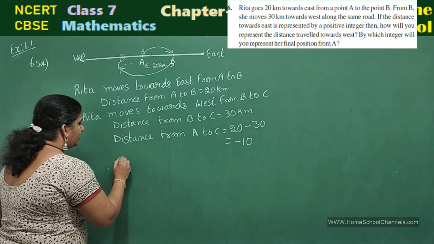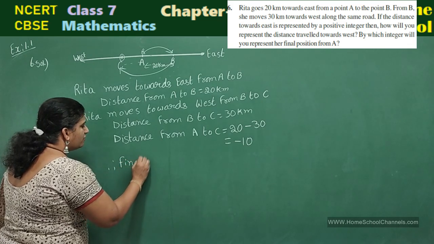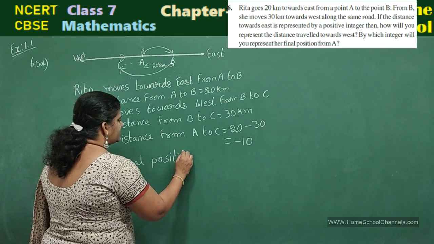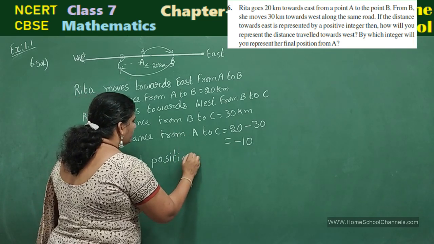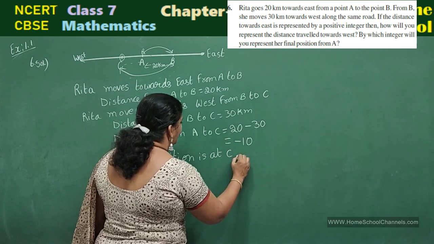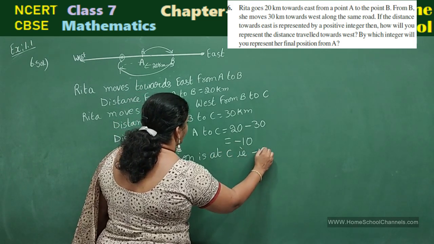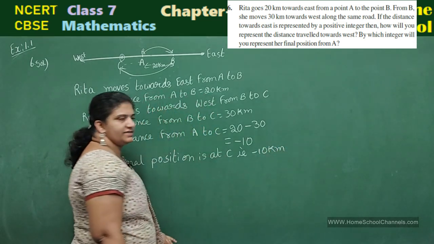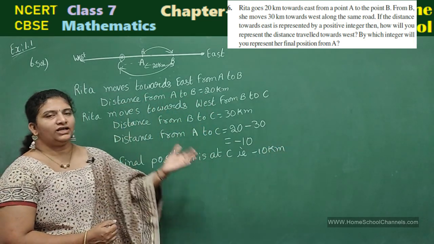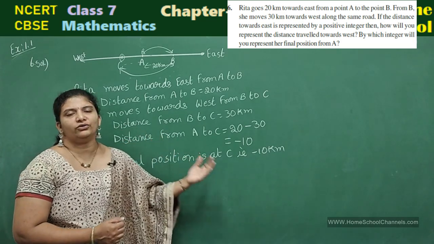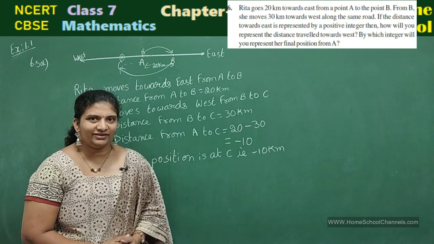Therefore, final position is at C, that is at minus 10 kilometers, you can say. Okay, 20 kilometers east, 30 kilometers west. If you subtract, you are going to get minus 10 kilometers.